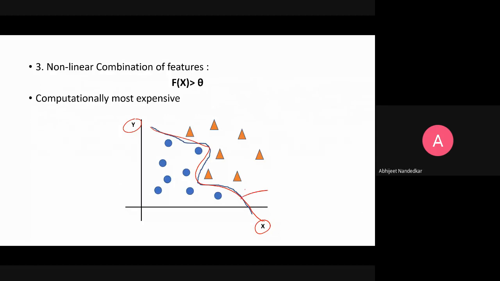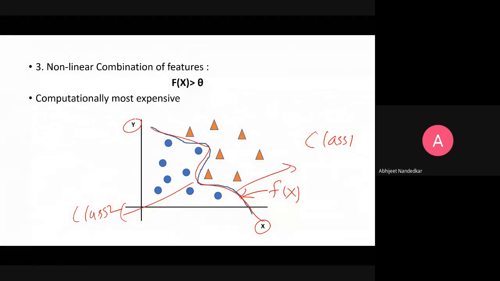Now this is some f of x, and if it is more than some theta, then I will say this is class 1, otherwise this is class 2. So this is the most generalized way, but computationally it is the most expensive way of doing it.